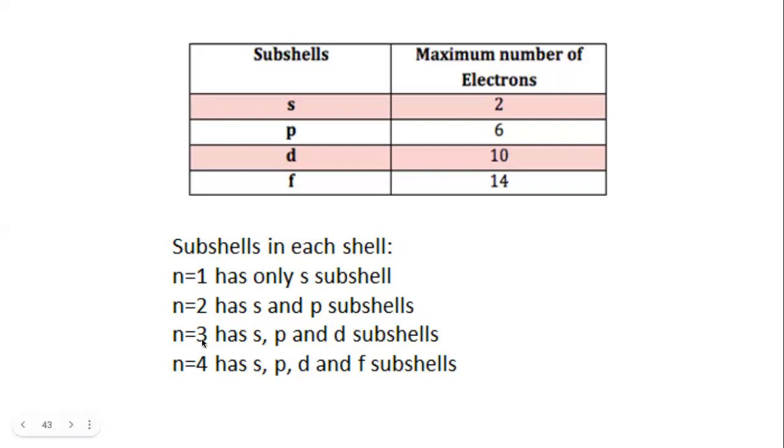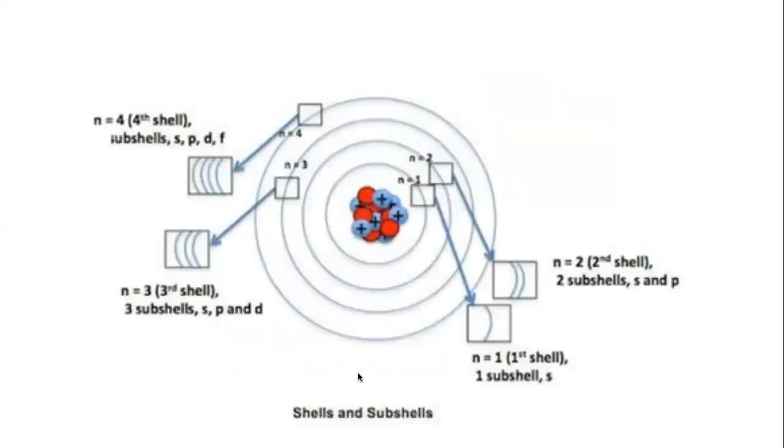If we go to our third shell, which is larger than 1 and 2, we can now fit 3 subshells inside. So S, P, and D. And then for this course, we will hang out around the 4th and 5th energy shell. But for now, for the fourth shell, we'll have S, P, D, and F subshells.